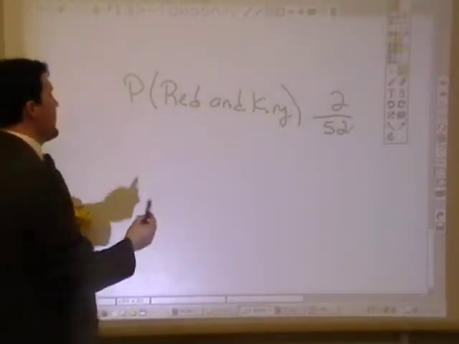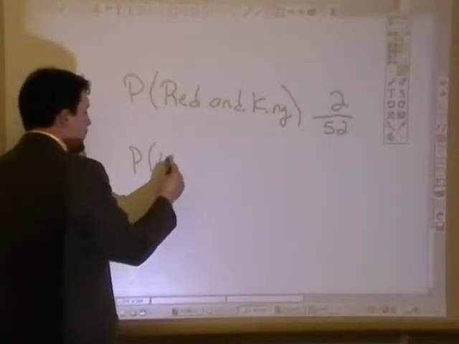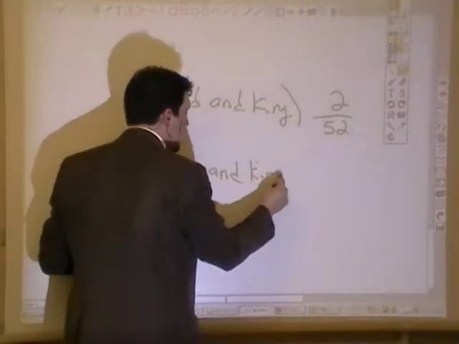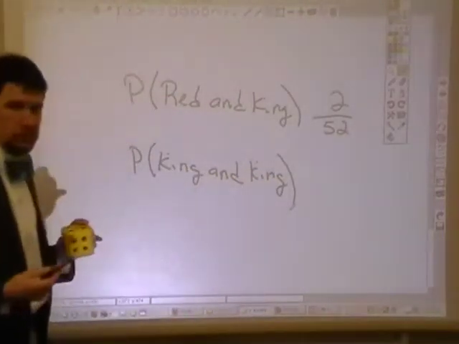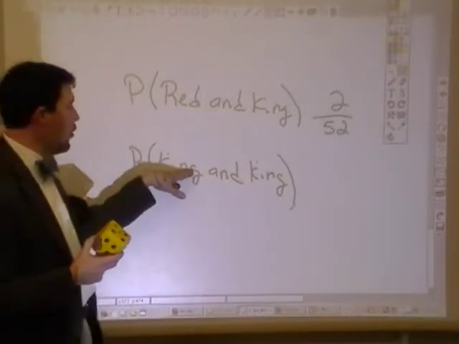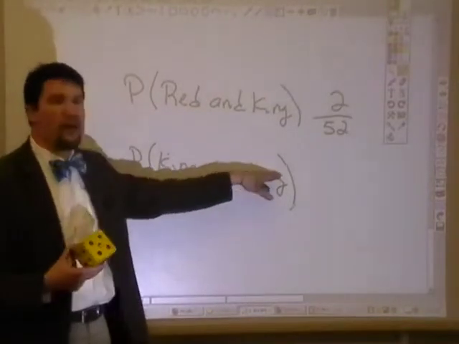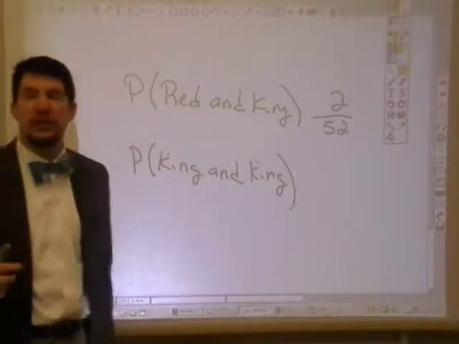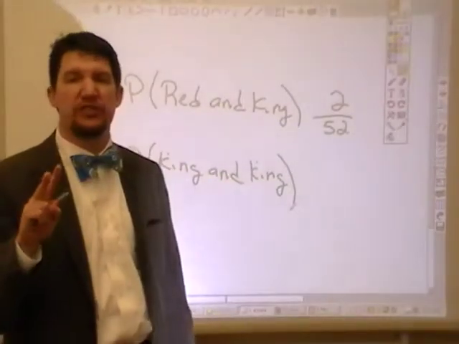Very easy. But if I said to you, what's the probability that you get a king and then you get a king? That means that you've got one event and then you have another event. So when you see the word and, the first thing you need to ask yourself is, how many events do I have?